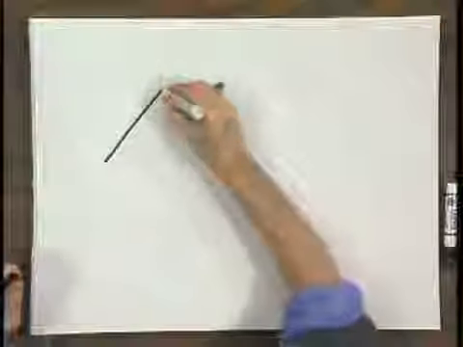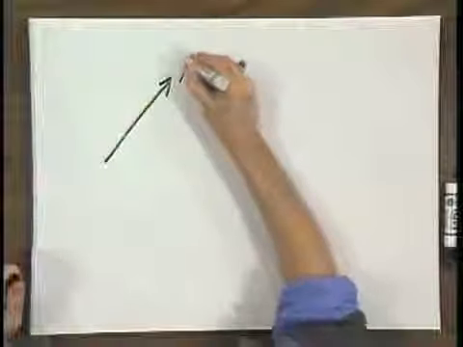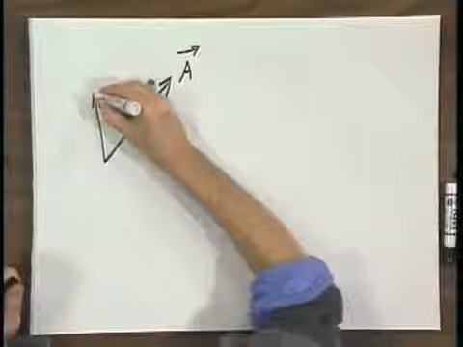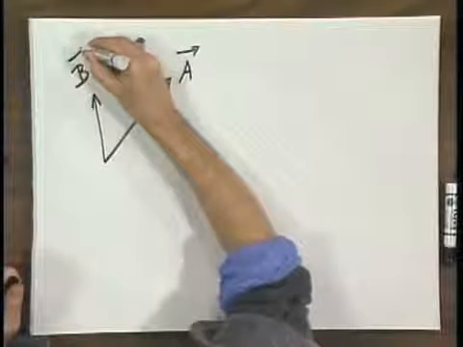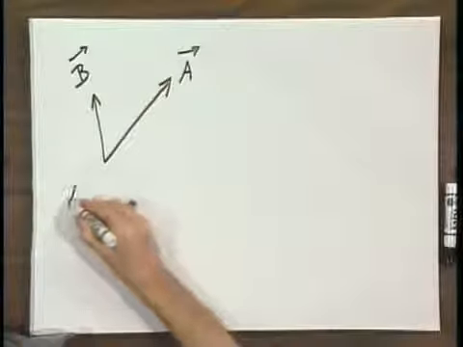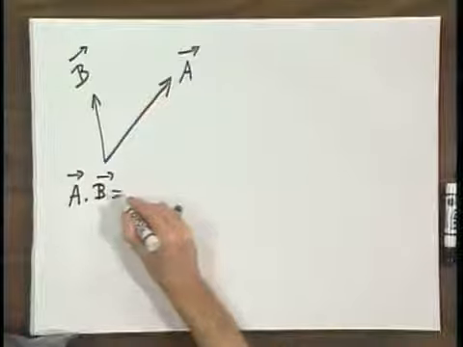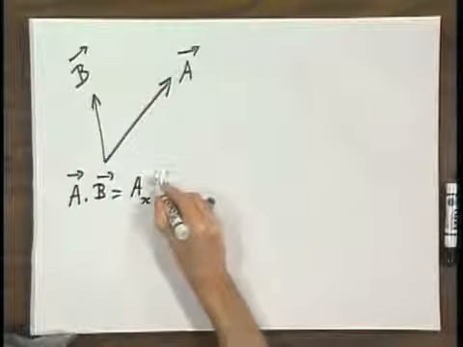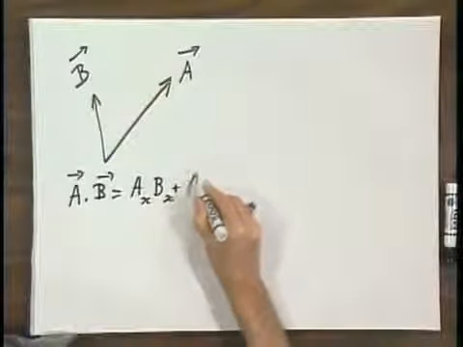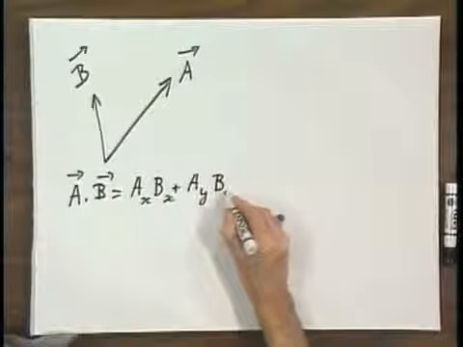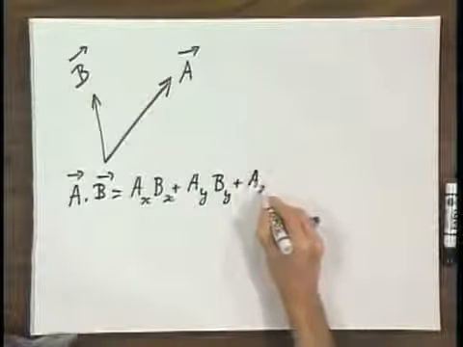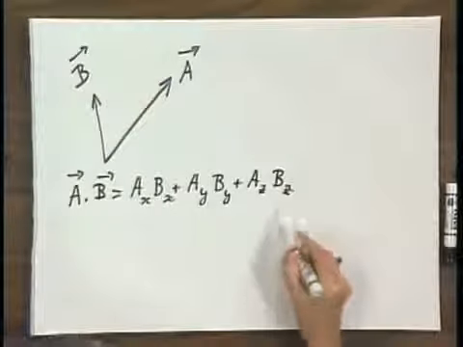I now like to look at the vectors A and B in their own plane. And I'll make that plane, of course, the plane of the paper. So let this be vector A, and let this be vector B. We know already that A dot B, the dot product, equals A of x, B of x, plus A of y, B of y, plus A of z, B of z.